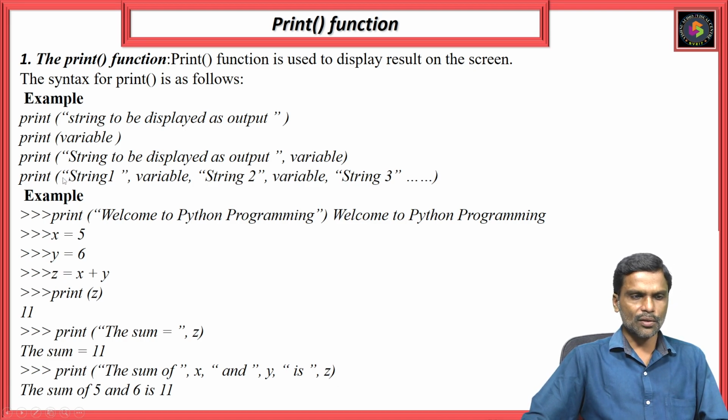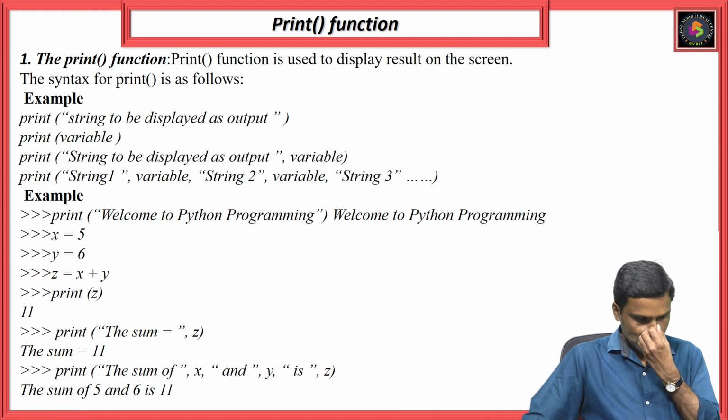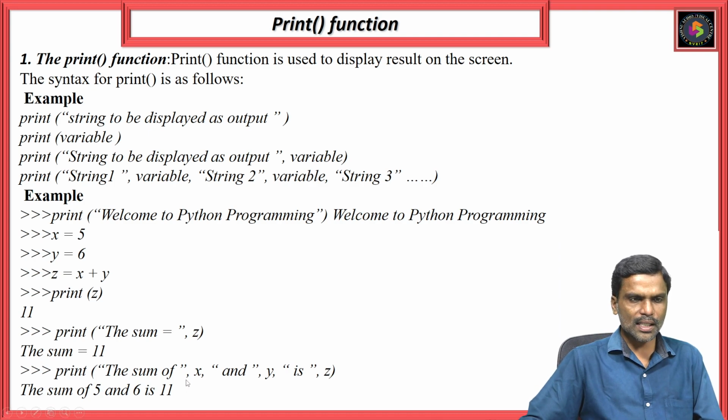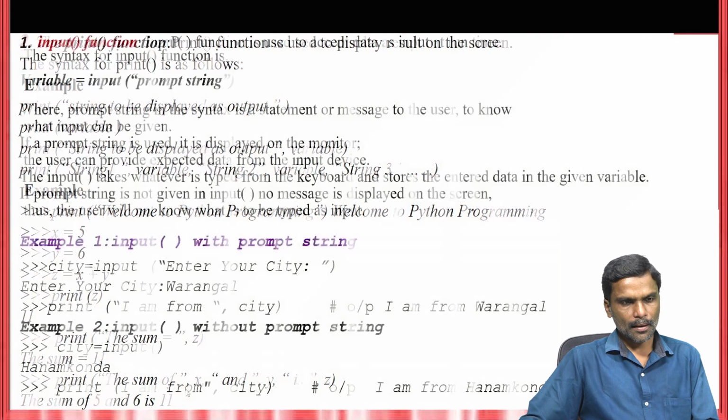The syntax which I defined in the third line is this one. Then your output will be sum of 5 and 6 is 11. Sum of is the string I have given, x variable is 5, and is a string, 6 is the variable, is again a string, and z is 11. This is regarding the print function.